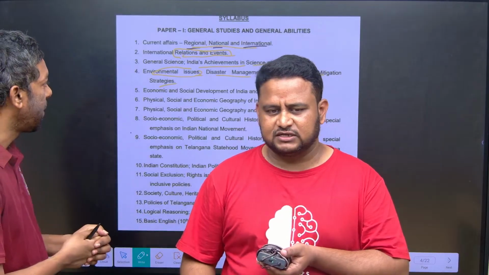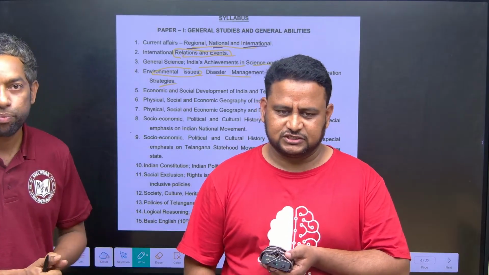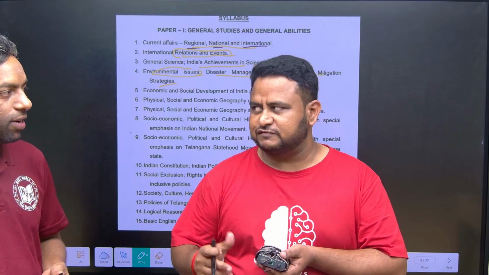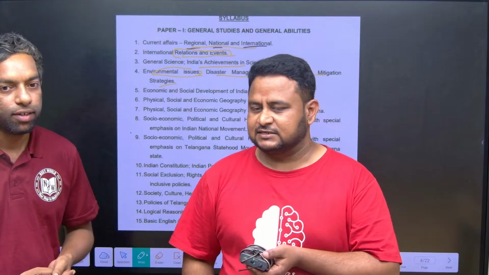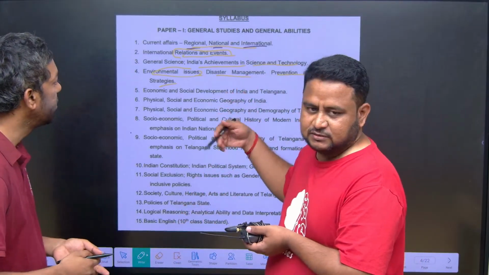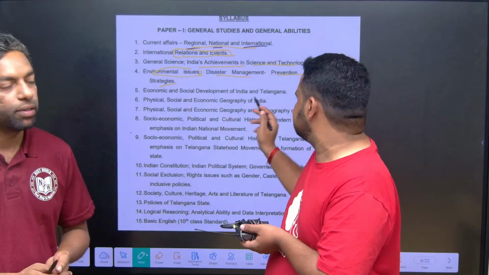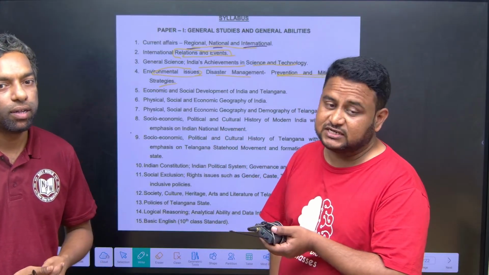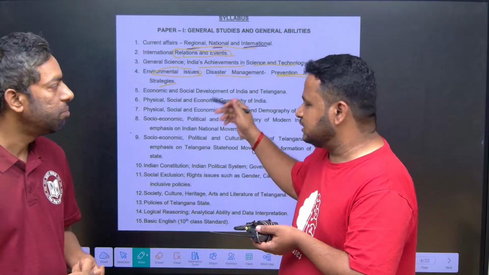What is La Nina, what is El Nino, what is ENSO, Southern Oscillation. This comes in geography also and environment also. If you have knowledge of geography, environment becomes easy. And disasters, earthquakes, basics of earthquakes, floods, all these things. And mitigation measures, that is the NDMA guidelines, National Disaster Management Act guidelines. Based on that, questions have come.